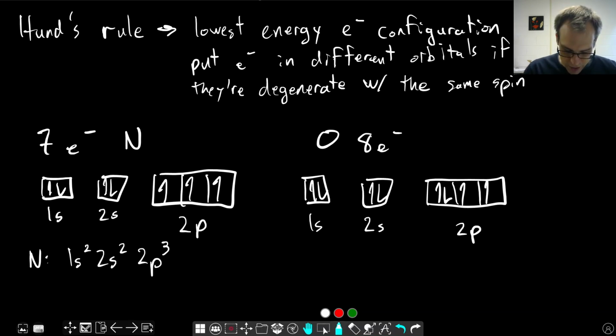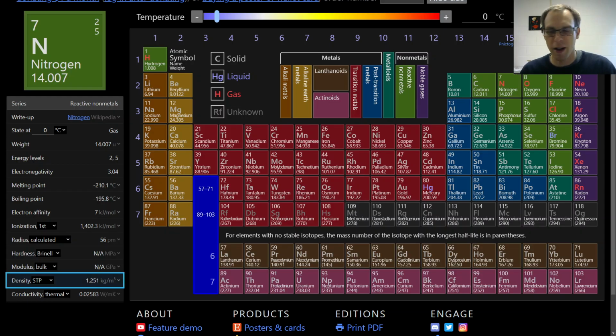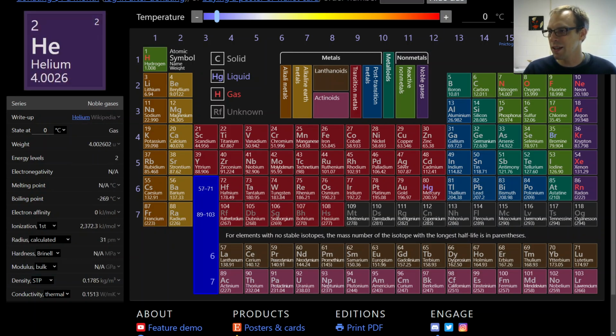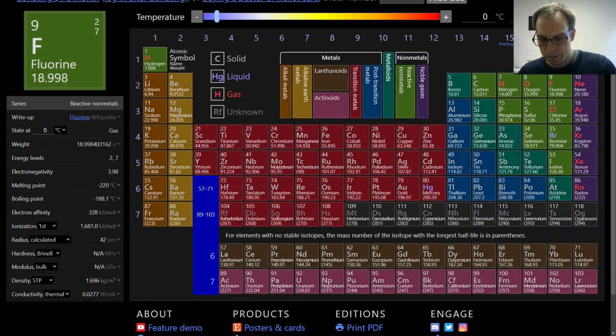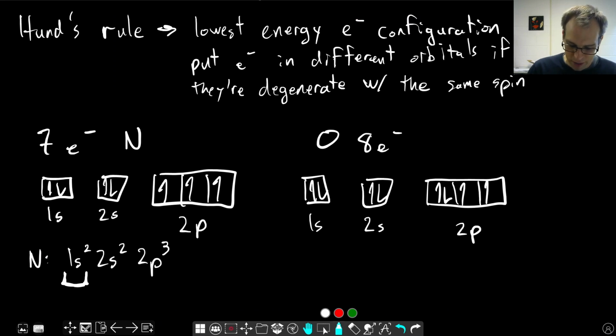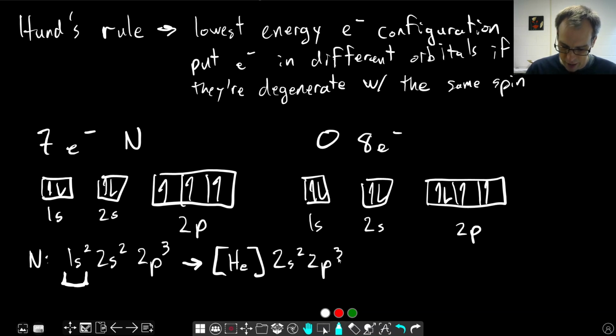All these electrons that correspond, on the periodic table, to the noble gas before we start filling in the next set of electrons, if we have a full shell, we can represent that by the symbol of that noble gas. So we could write this as helium, then our 2s2, 2p3. It doesn't change much for these elements, but as we get further down the periodic table, it saves us a lot of writing.